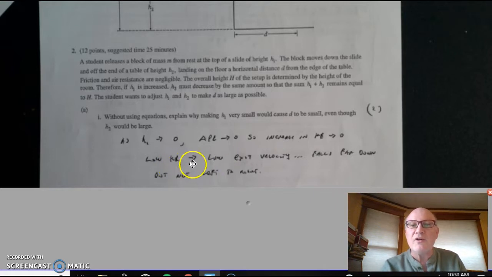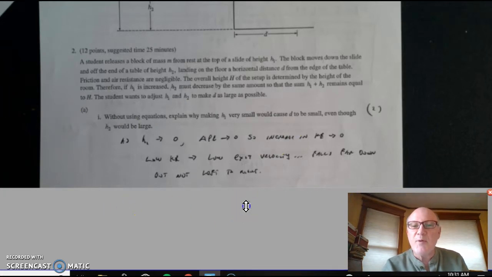A low kinetic energy would mean a low exit velocity, and so it falls far down, but not far left to right. That captures both things. It falls far down, that's the fact that H2 is large, but it doesn't travel far left to right because it has a low exit velocity, a low kinetic energy. So I was looking for those kinds of answers, okay?